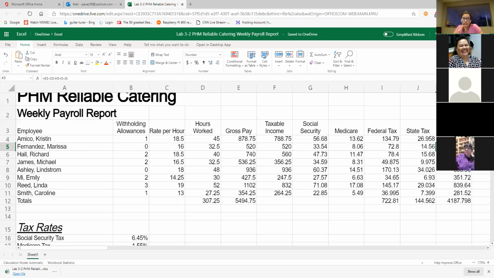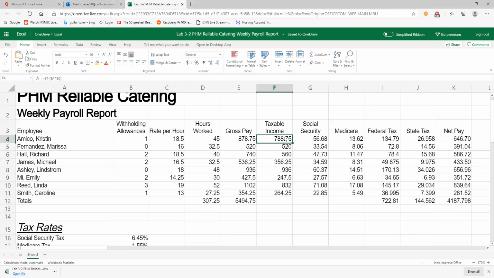Mr. Vasquez, what page can I find the formulas? It doesn't have the formulas. That's what we're having a hard time with. What formula do you need? I needed the taxable income, Social Security, and Medicare. All right, so that's taxable income. This one doesn't let me show all of them like in regular Excel.